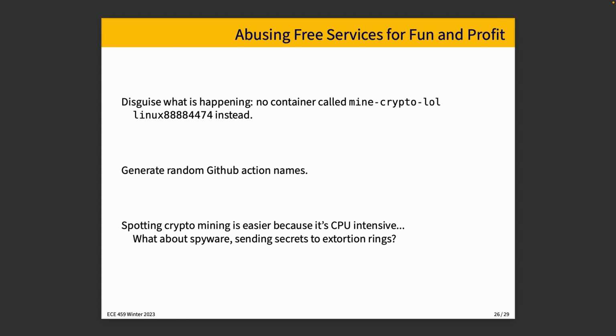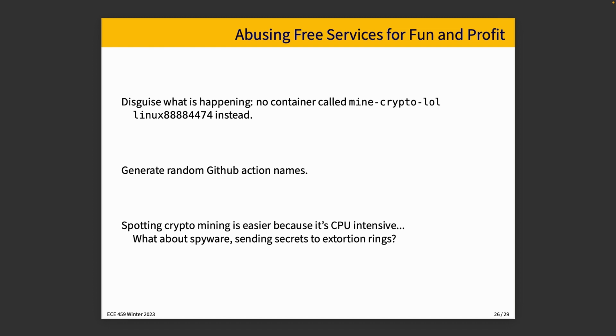Something like crypto mining actually might be somewhat easy to identify as compared to certain other kinds of malicious activity because it's very CPU intensive. So if we see a bunch of containers that are using a lot of CPU without any explanation or without knowing what the service does, that might actually be a big hint that says we should take a look at that.